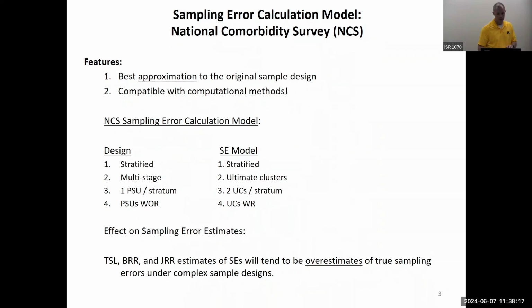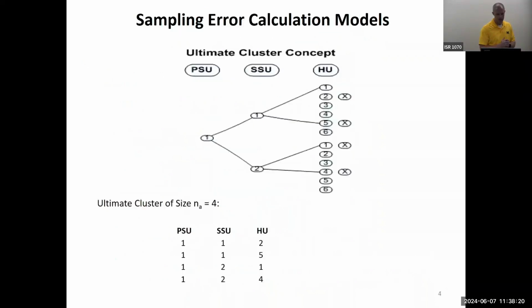Okay. So we're going to keep going into these concrete ideas. So the idea of an ultimate cluster. Suppose you have a multi-stage design. PSUs, like that 3D picture that we showed, PSUs, SSUs, households, people. The idea of an ultimate cluster is that within a given PSU, this multi-stage sampling process ultimately yields 4 respondents from that one PSU.